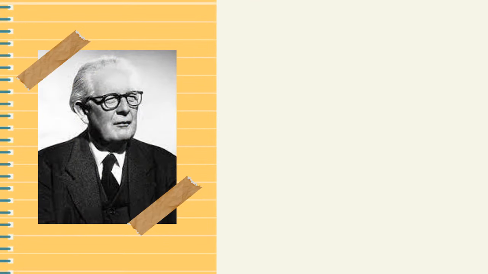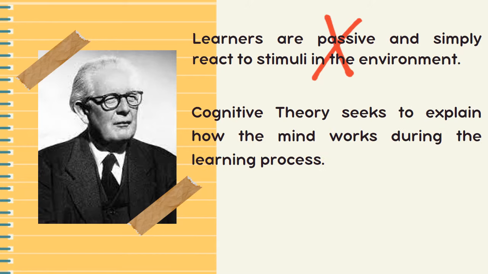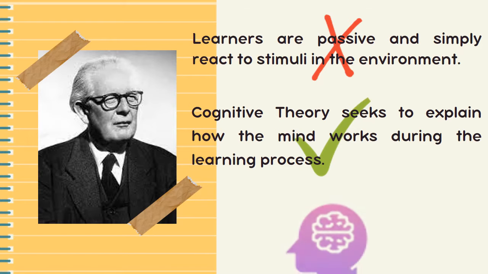Cognitive learning theory is largely based on the work of Jean Piaget, who rejected the idea that learners are passive and simply react to stimuli in the environment. Instead of focusing solely on observable behavior, cognitive theory seeks to explain how the mind works during the learning process.